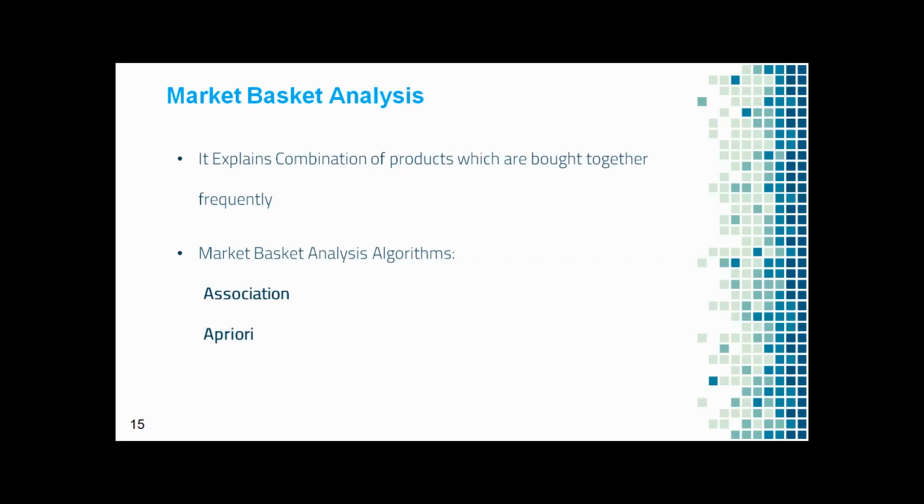It explains the combination of those products which can be bought together, and they are bought frequently. Market basket analysis is a concept that uses association technique and the Apriori algorithm.